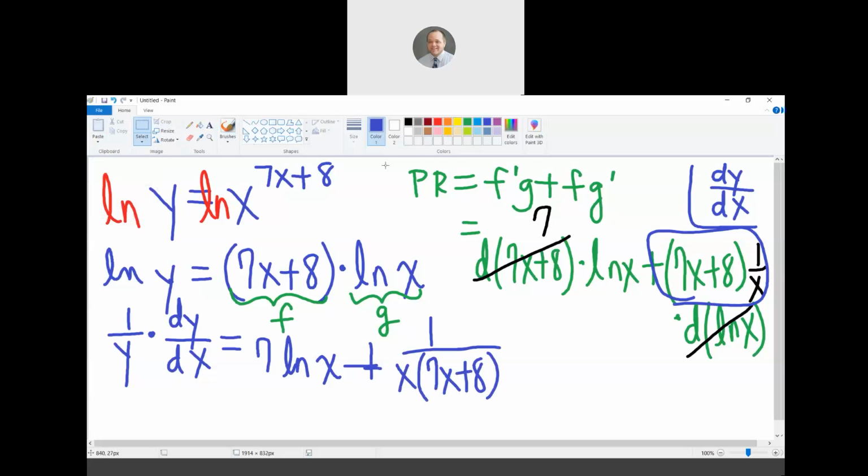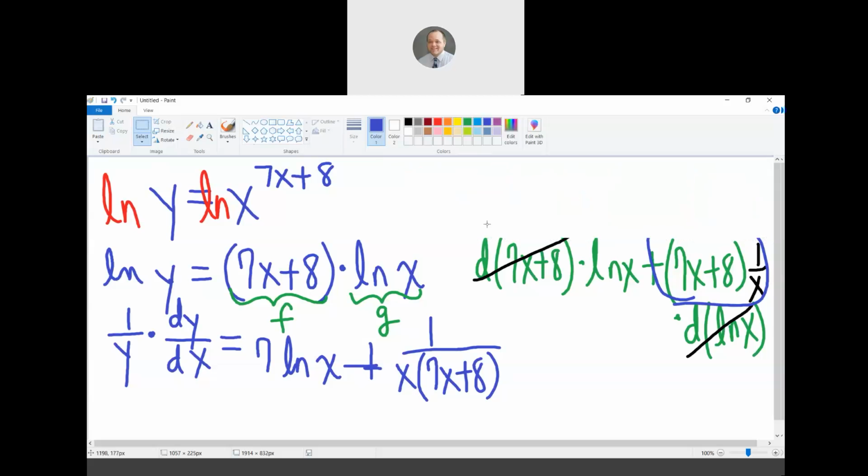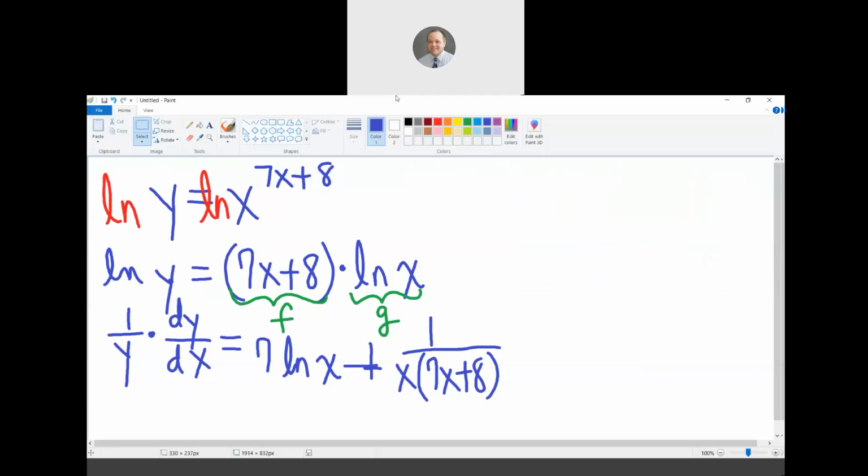Now, we are solving for, or trying to get by itself, the dy over dx. But we got that 1 over y attached to it.